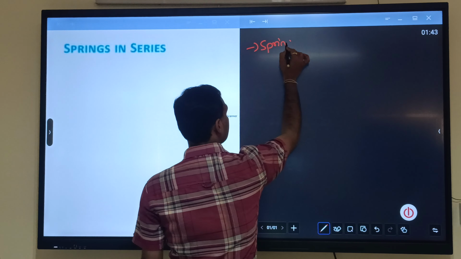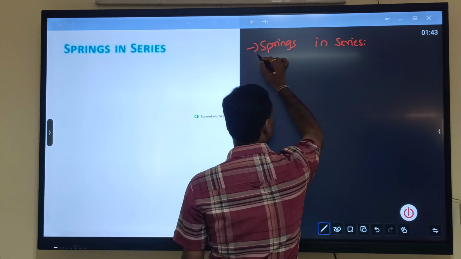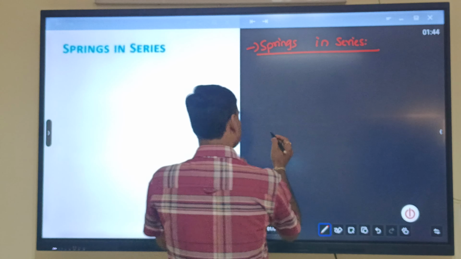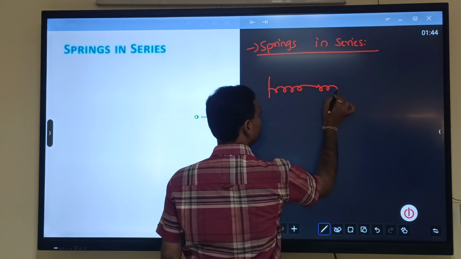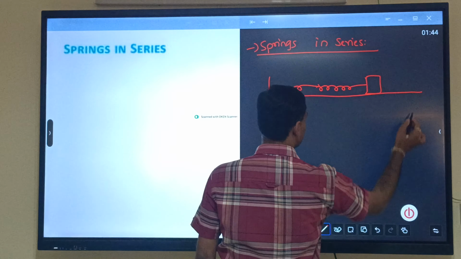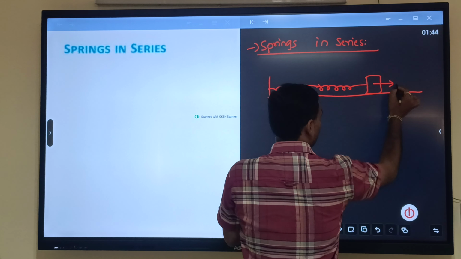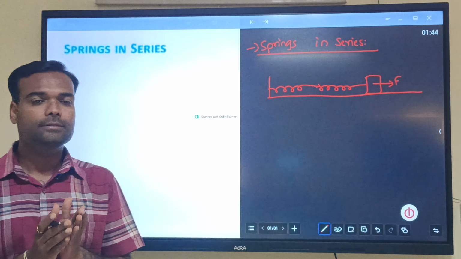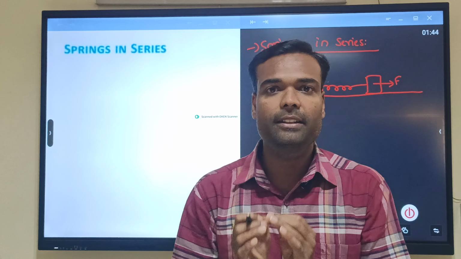Springs in series means, suppose F is the force acting, and remember one case: whenever a set of objects are present in series, the amount of force acting remains the same.